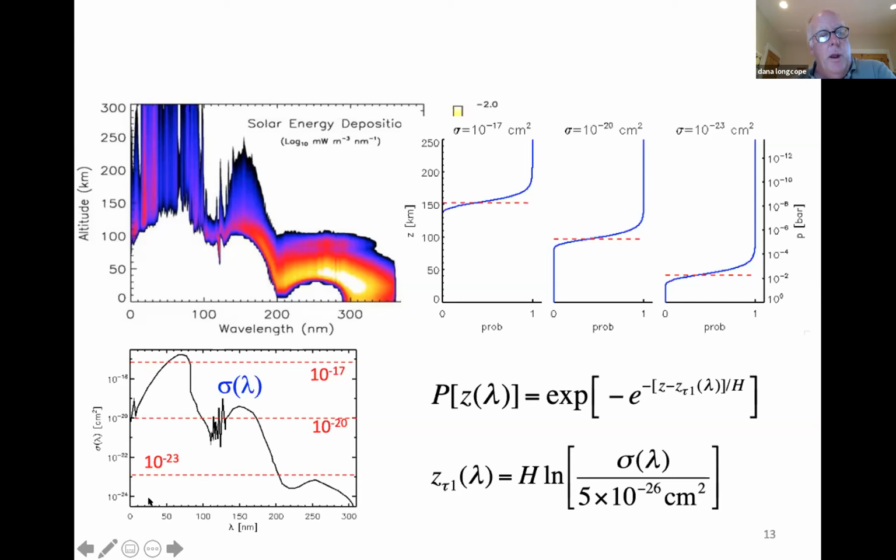At wavelengths around 50 nanometers, your cross section is 10 to the minus 17, and you only make it to 150 kilometers before you're absorbed. That's really where this high absorption area is.